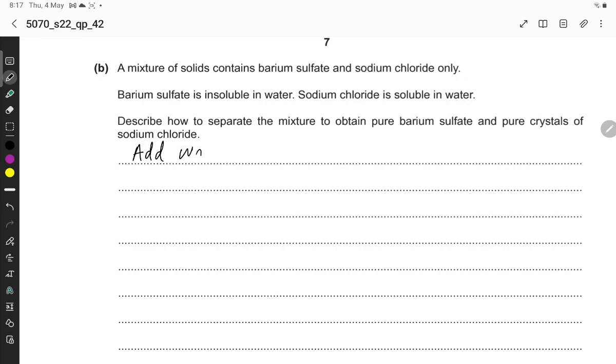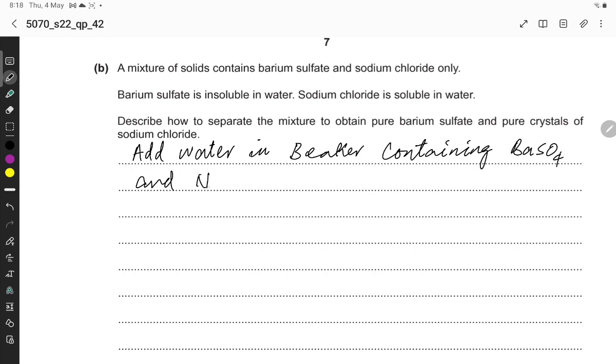Take a beaker containing the mixture of barium sulfate and sodium chloride, and add water.